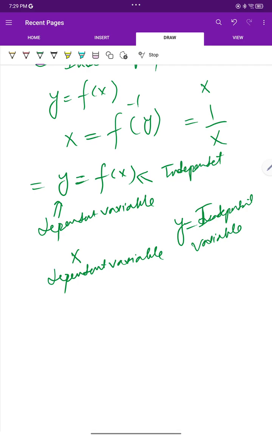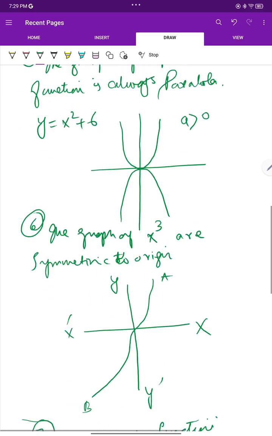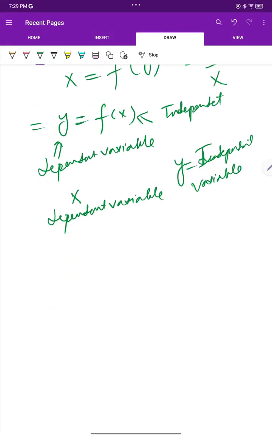And the most important thing is number 7, which you need to know about functions.